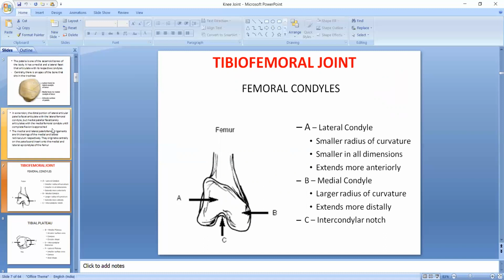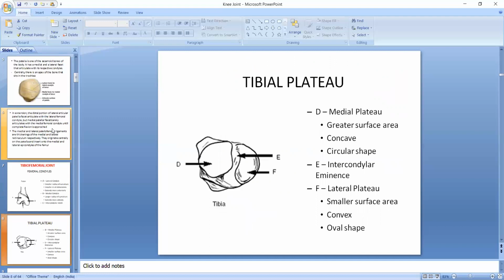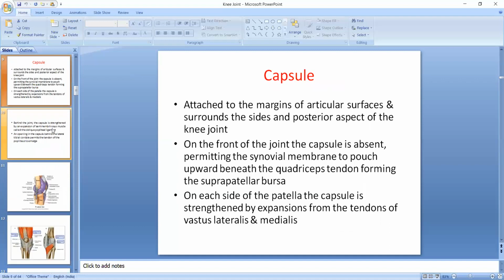The medial plateau has a greater surface area, is concave, and has a circular shape, whereas the lateral plateau has a smaller surface area, is convex on its surface, and is oval in shape. There is also the intercondylar eminence.